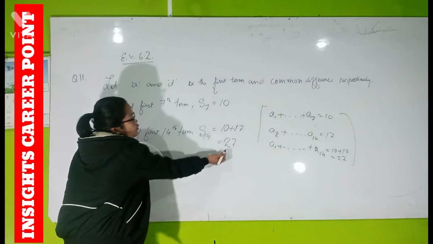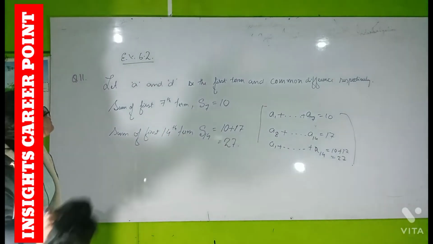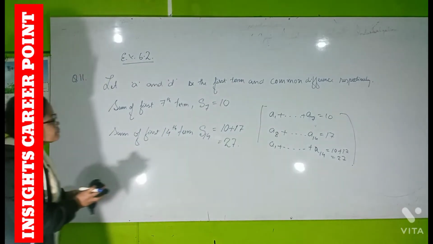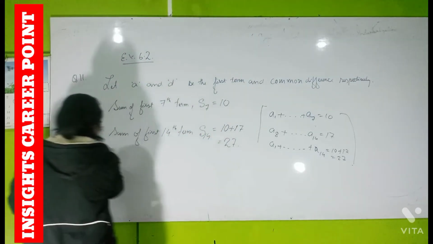That's why we have written 27 here. Okay then, let's find the value of A and D.